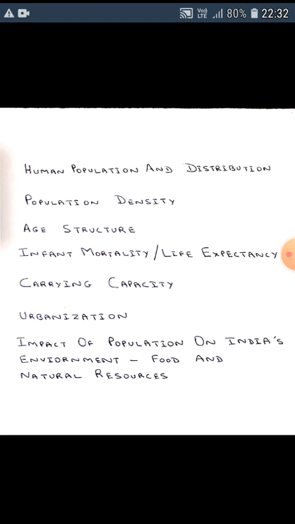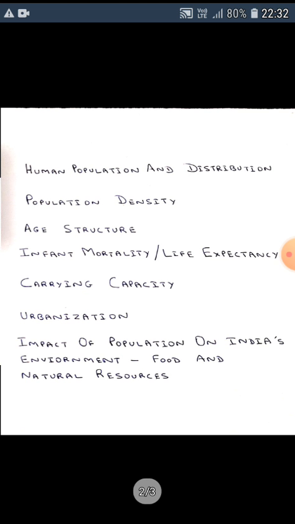Population explosion has also exerted tremendous pressure on our water resources. Our available water resources are 690 cubic kilometers of surface water and 452 cubic kilometers of groundwater.